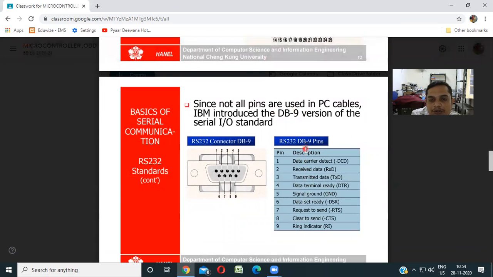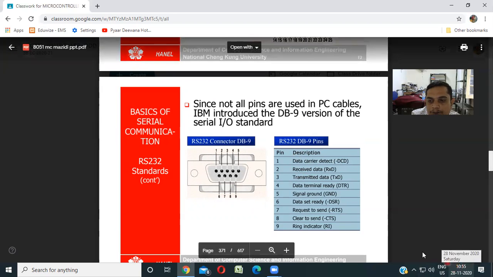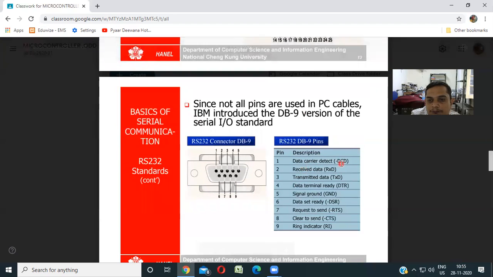These are the 9 pins: data carrier detect, DCD, received data. By this DB9 connector we can control the different features of the serial communication. These are some of the pins: data carrier detect, received data RxD, transmitted data TXD, and data terminal ready, which is used to check whether the data terminal is ready or not.